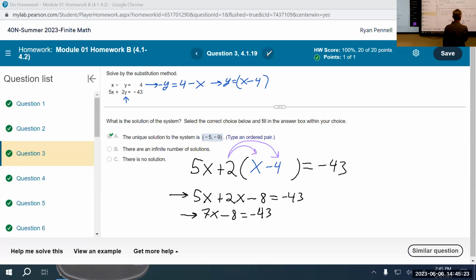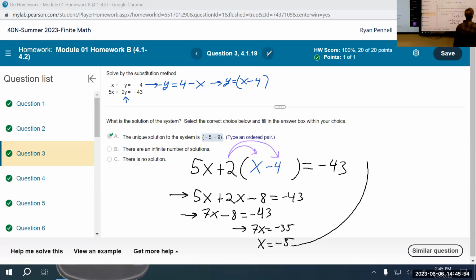Where are we in this? Is that still 43? And then that would be 35. That would be negative. So if x equals -5, what does y equal? We can go back up.